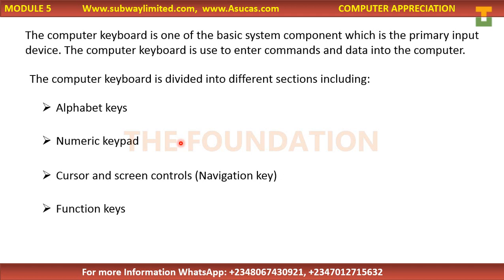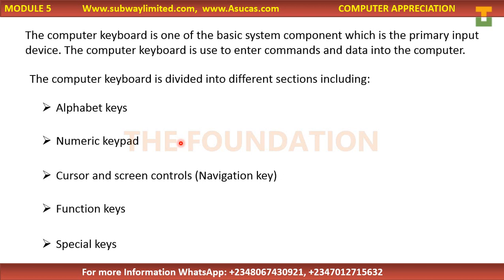So the function keys, if you take a closer look at your keyboard, you have from F1 to F12. Those are your function keys. You have the special keys like your control key, your shift key, your function key, your alt key, and other keys that you can find on top of your keyboard.